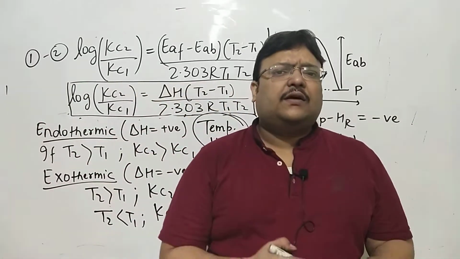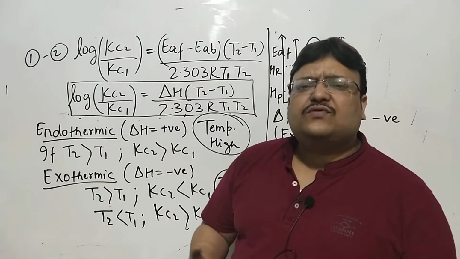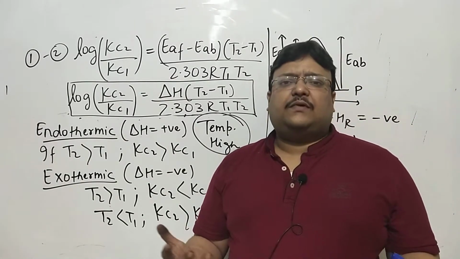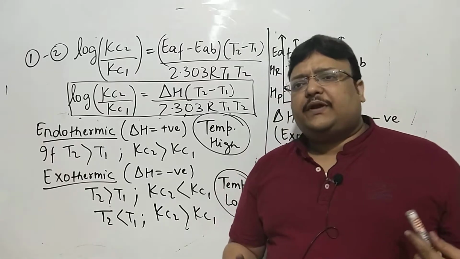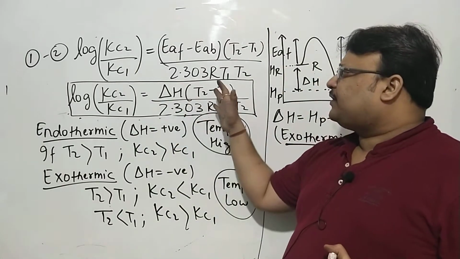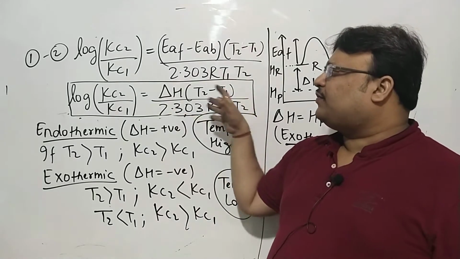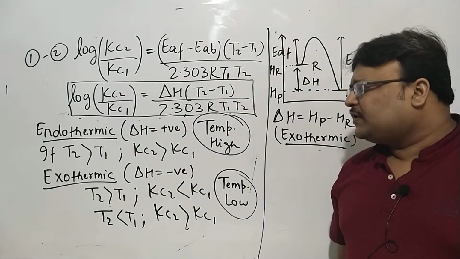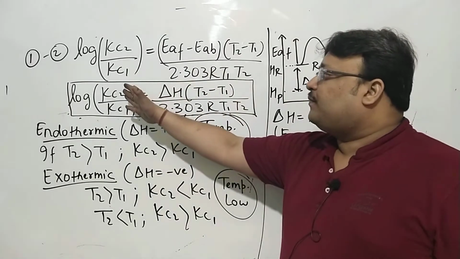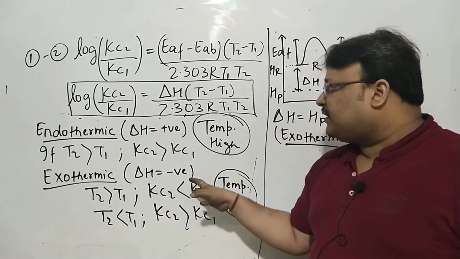So let's begin with a few facts which you'll want to get used to. All of chemistry, all of reversibility, equilibrium, endothermic, you'll want temperature to be high. Delta H positive, T2 more than T1, everything positive, Kc2 more than Kc1. Whereas exothermic, because this is negative, T2 more than T1 will make it negative, Kc2 will be less than Kc1.